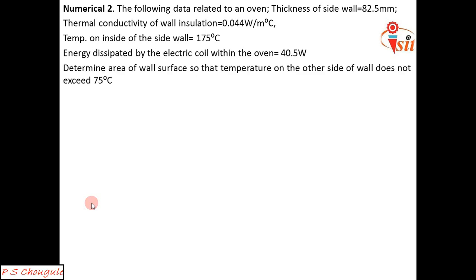Determine the area of wall surface so that the temperature on the other side of the wall does not exceed 75 degrees Celsius.